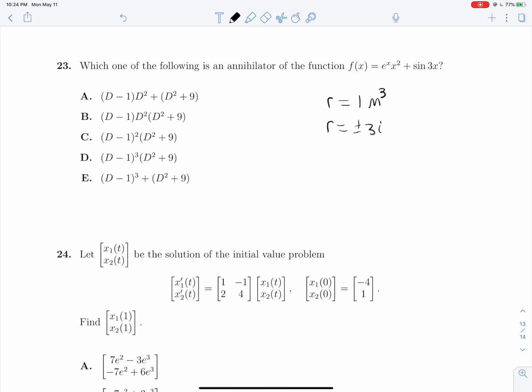Well, I kind of gave it away by circling 2 of them. This will give us our solution for d is equal to 1 with a multiplicity of 3, and here we just get d is equal to plus or minus 3i. So D is our answer for 23.